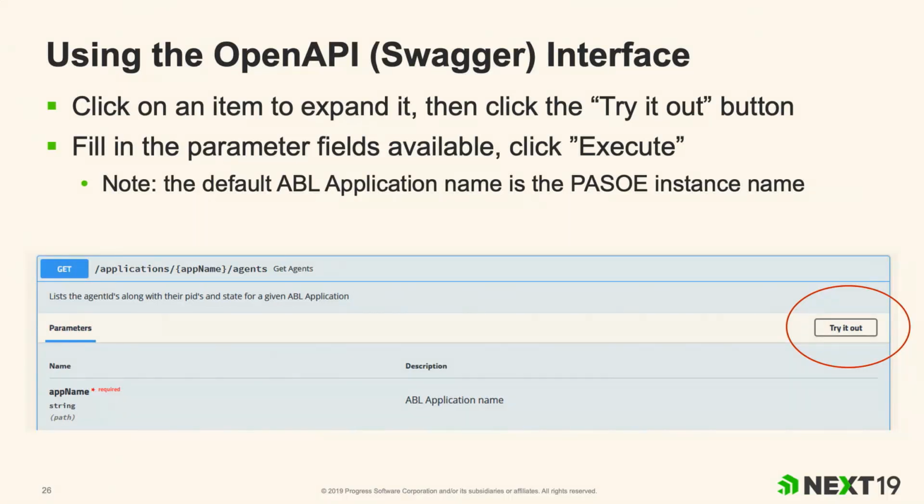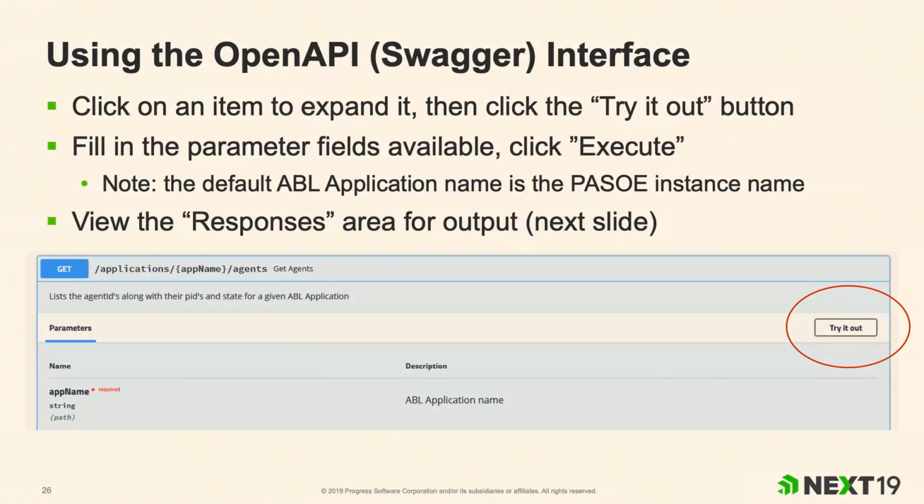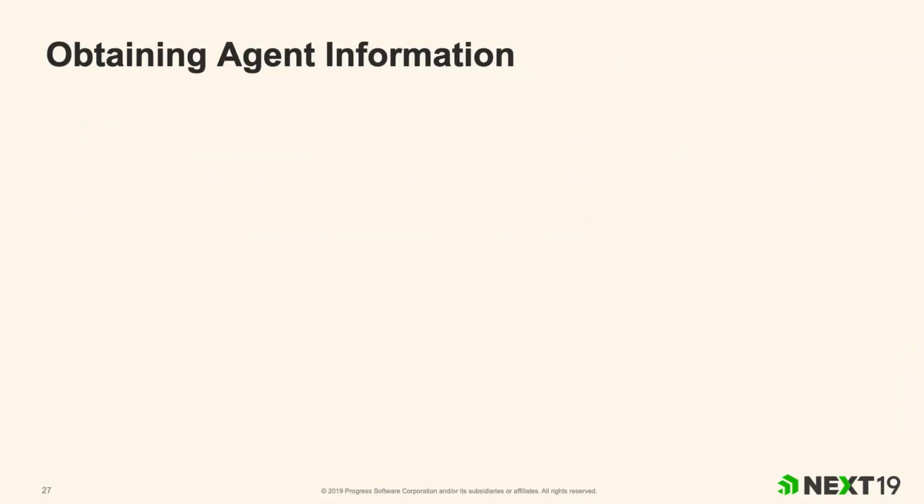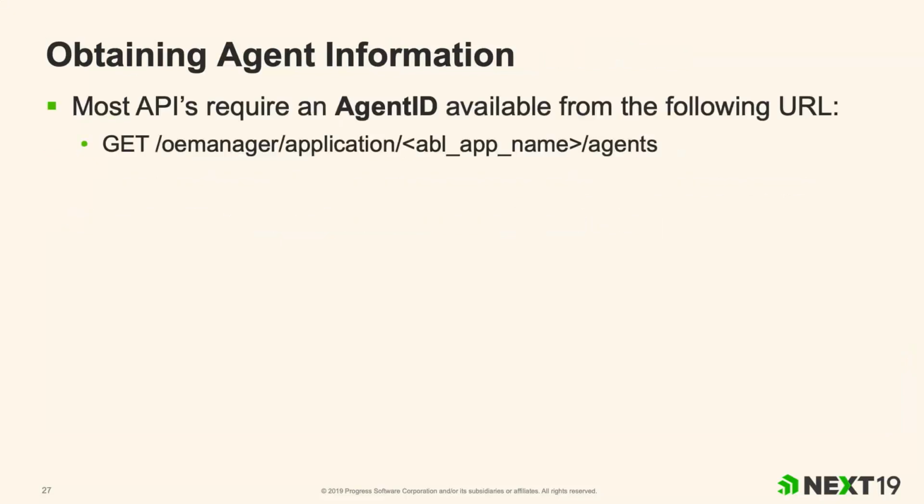So anywhere there was a fill-in-the-blank, in this case appName is a parameter, it's going to change that to a text box, and you just fill in the name of your ABL application name. By default, if you're just running one ABL application, it's usually the same name as the PAS instance itself. And then once you fill in the blank, you hit the Execute button, and there's a whole responses area that shows you what comes back.